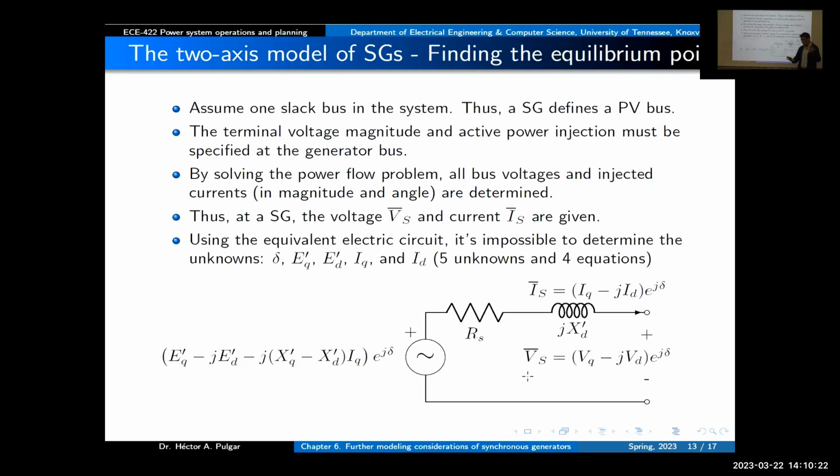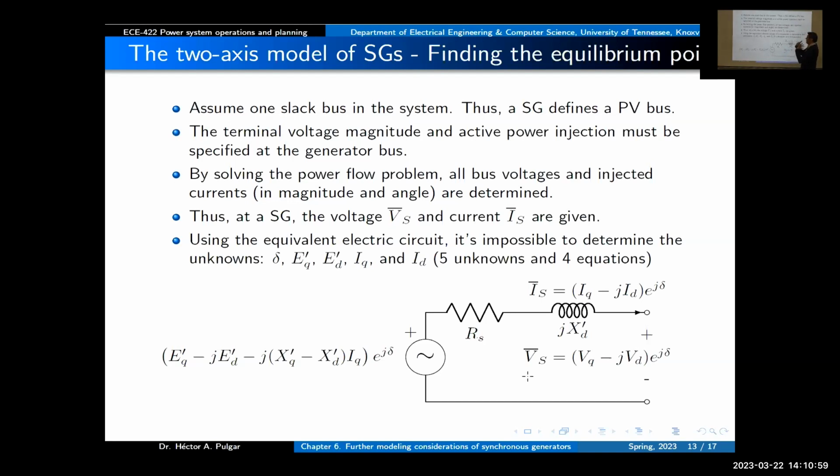With that slack bus, for each machine that we have, because we don't have any AVR, automatic voltage regulator, and also we don't have any governor, we're going to assume that we know at the terminal of the generator how much is the voltage and how much is the active power being injected. You did that in 421 in the classical power flow problem. So basically, each generator now is represented as a PV bus.